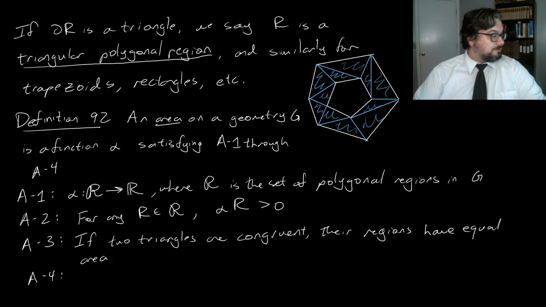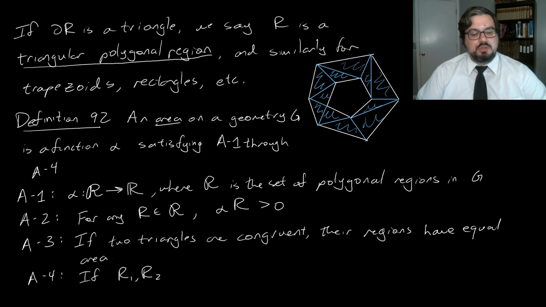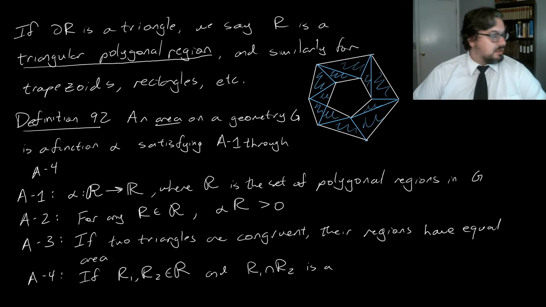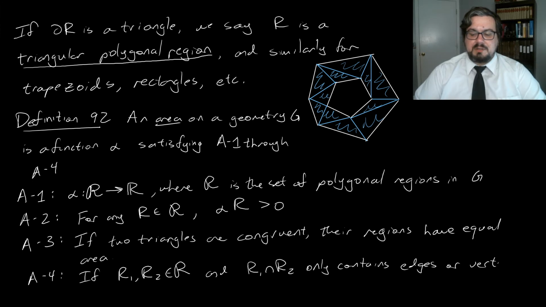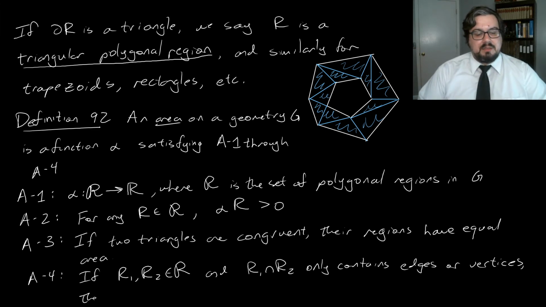And then finally, A4, if R1 and R2 are two regions, and R1 intersect R2 only contains edges or vertices, that is, there's no actual overlap between the two regions, then the area of R1 union R2 should be the area of R1 plus the area of R2.